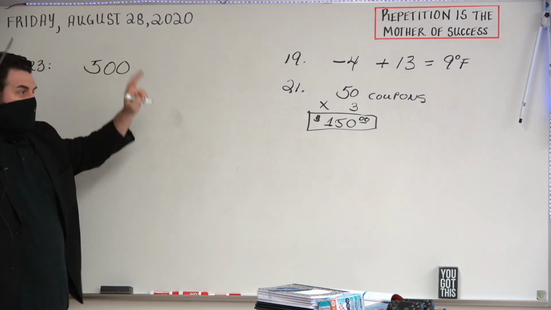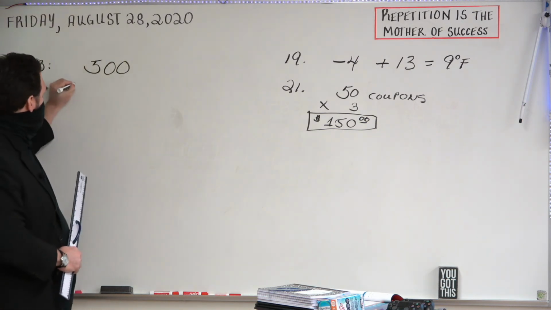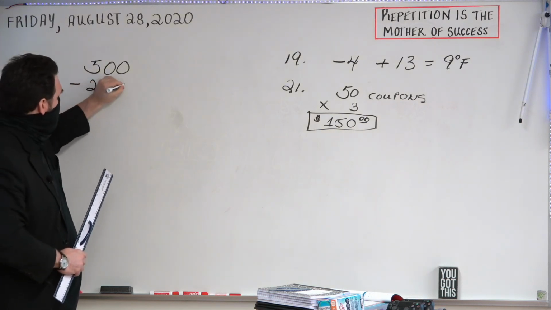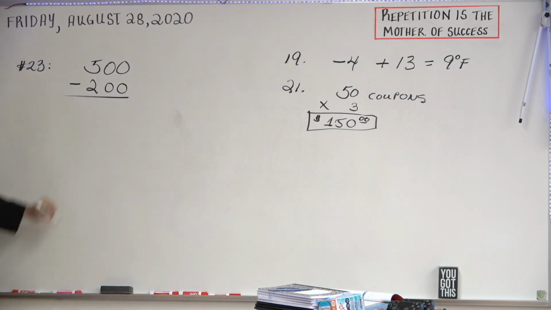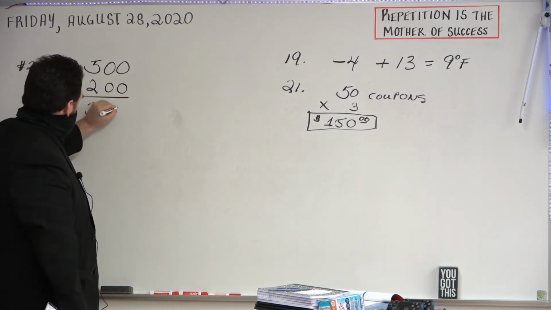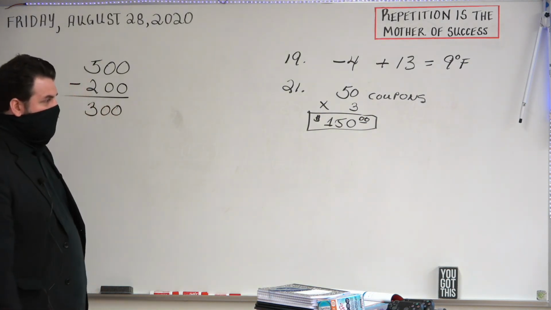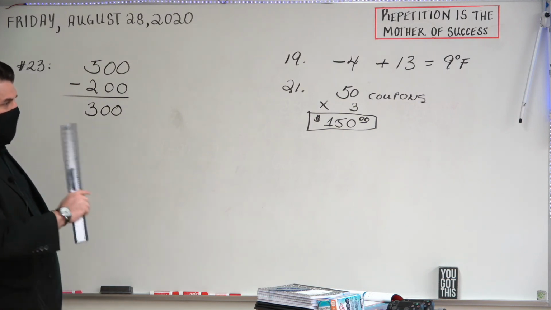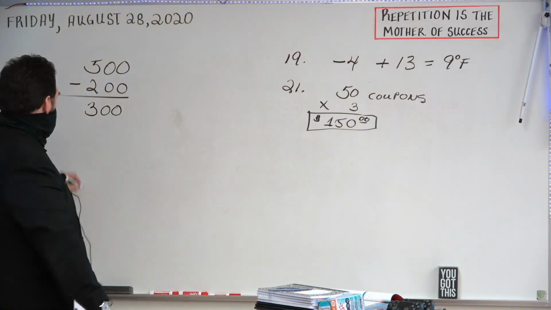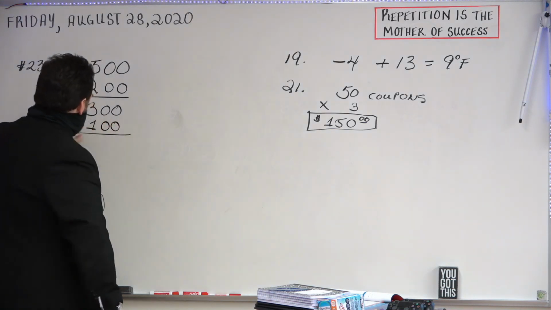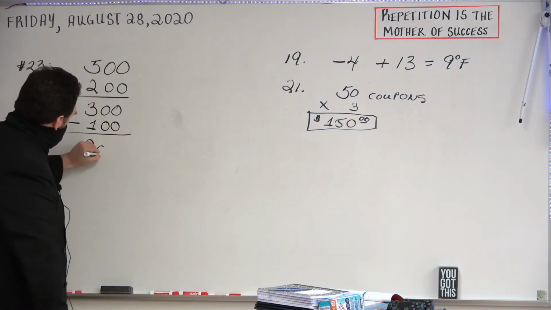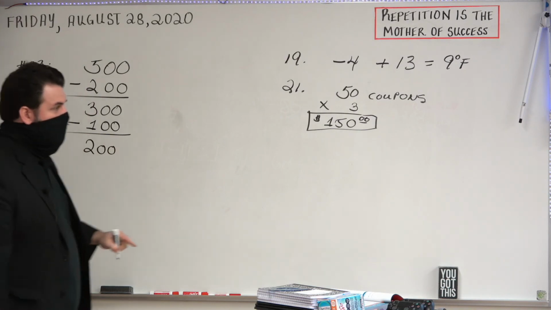So allocated $200 for savings just means minus $200. So let's see where she's at now. 300. Okay? Now what does she do? She spends $100 on her vehicle, minus 100. Now she's at 200, cutting it pretty close.